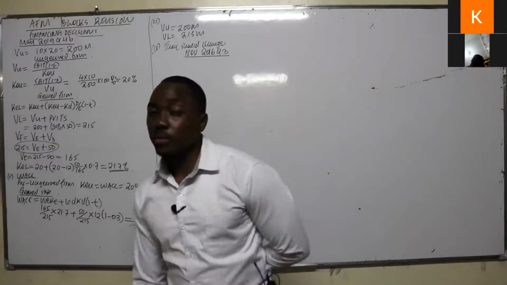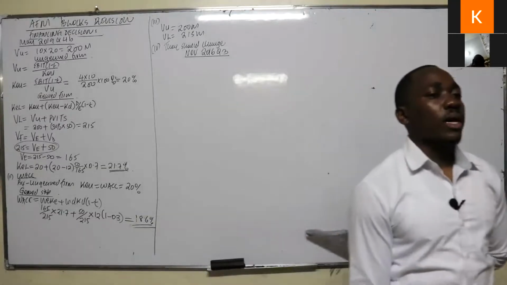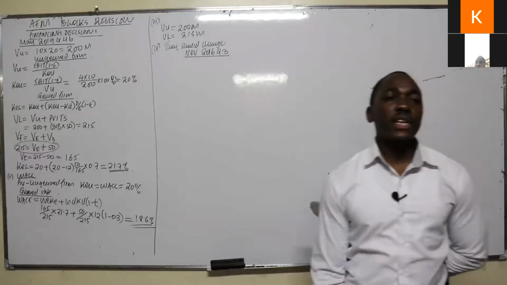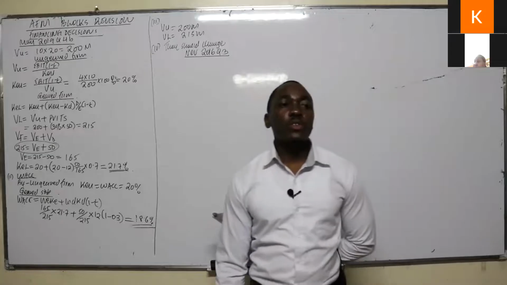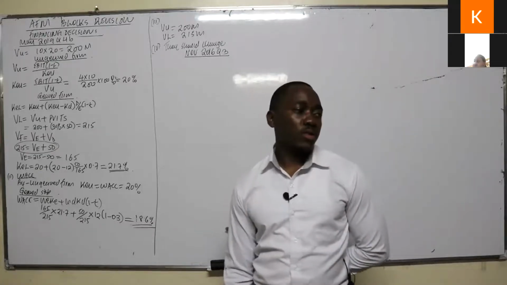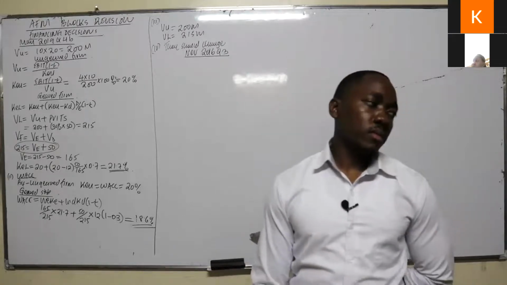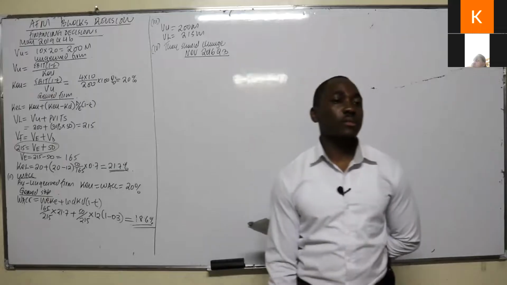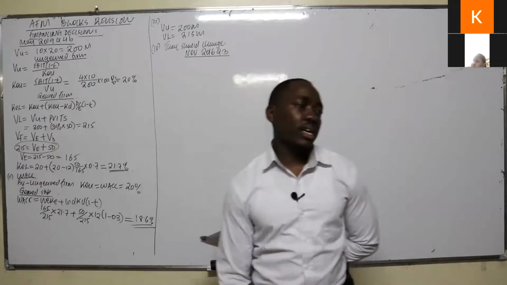One, the cost of the debt is always lower than the cost of equity. And the reason being what? The cost of the debt always attracts the interest tax shield benefits.